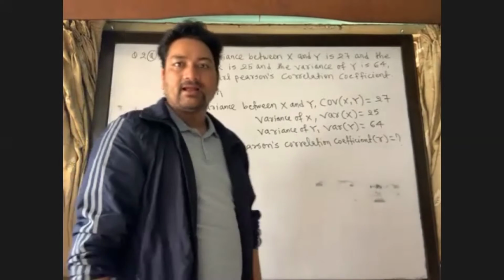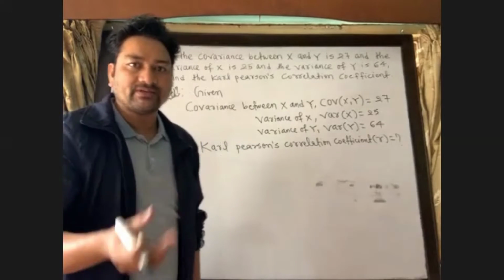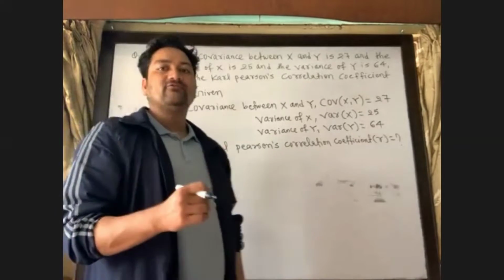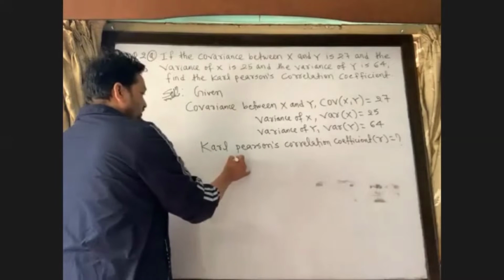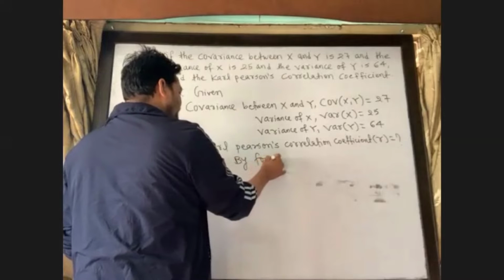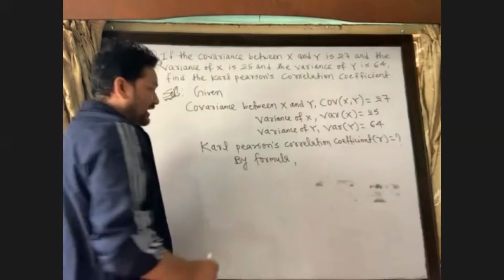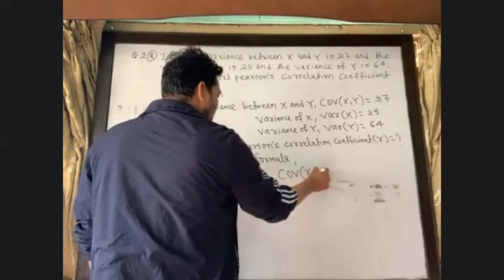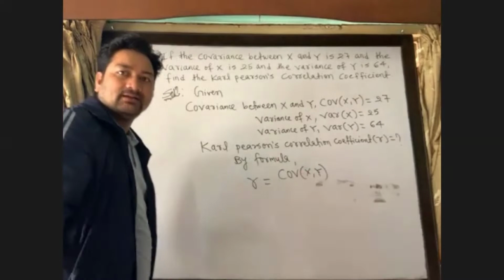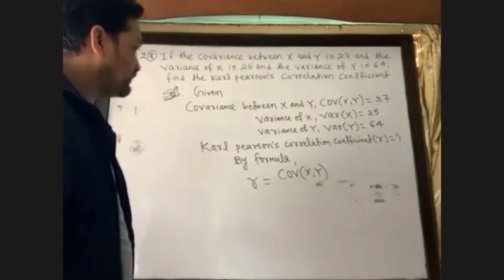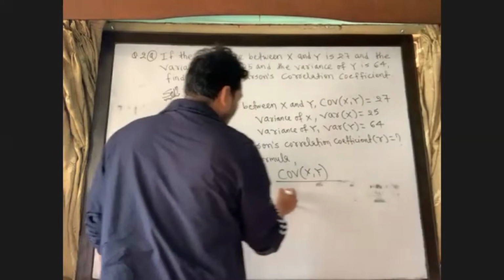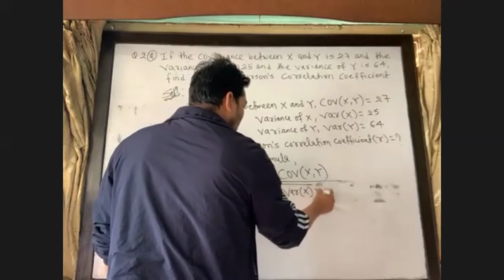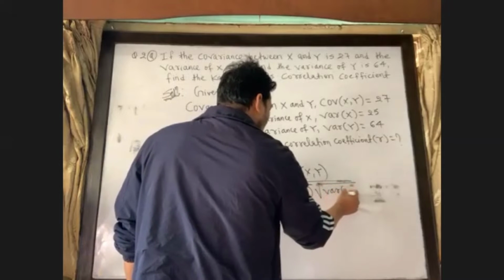So we have a direct formula. The formula we first studied for Karl Pearson's correlation coefficient is used here. r is equal to COV of x comma y, the covariance between x and y, divided by square root of variance of x, then square root of variance of y.